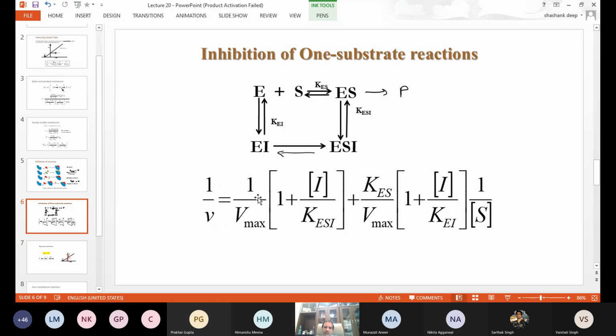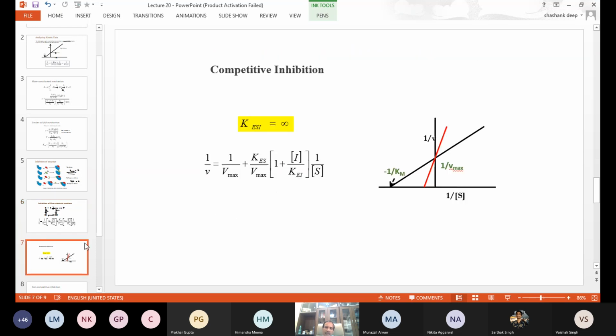And so we have 1 by V is equal to 1 by Vmax plus KES by Vmax times 1 by S. If I plot 1 by V versus 1 by S, I get 1 by Vmax as the intercept and this as the slope.